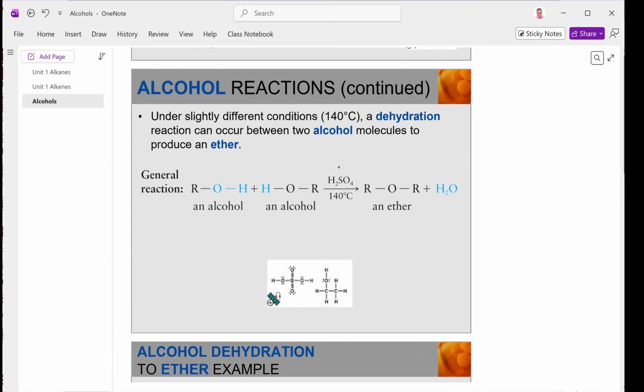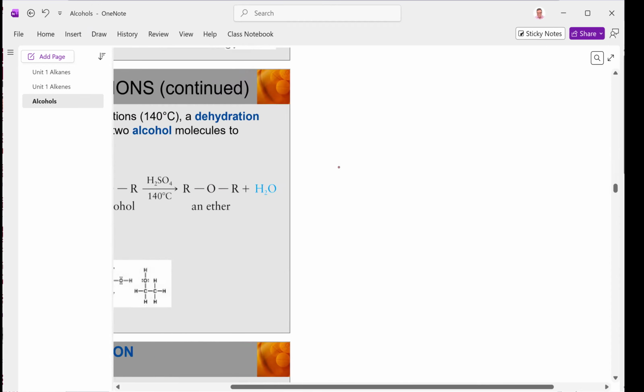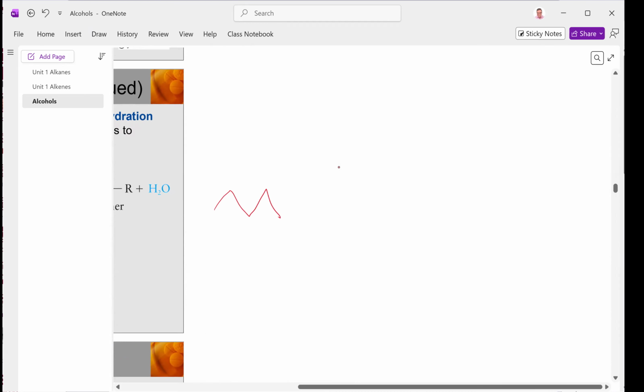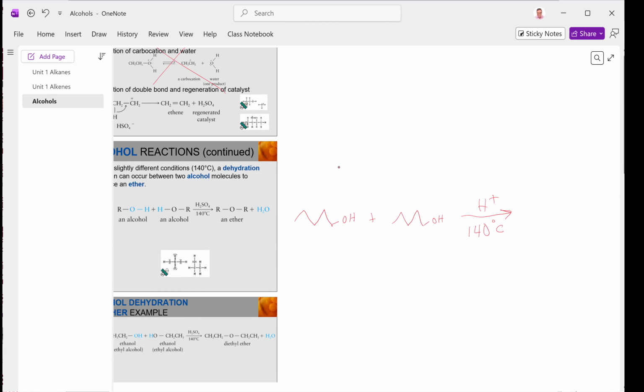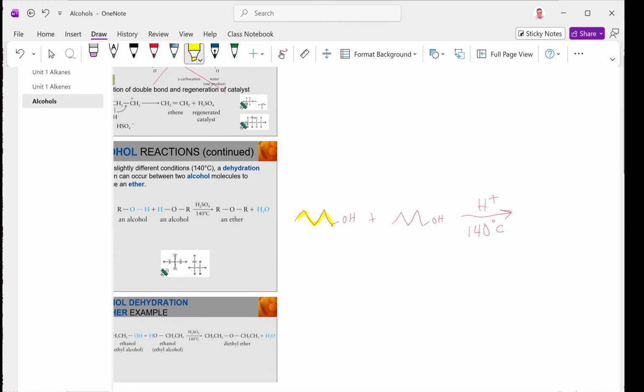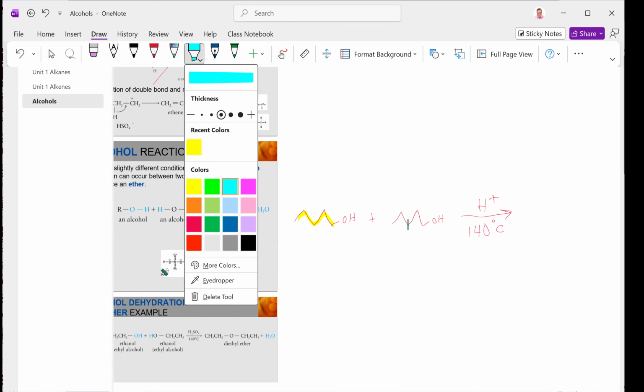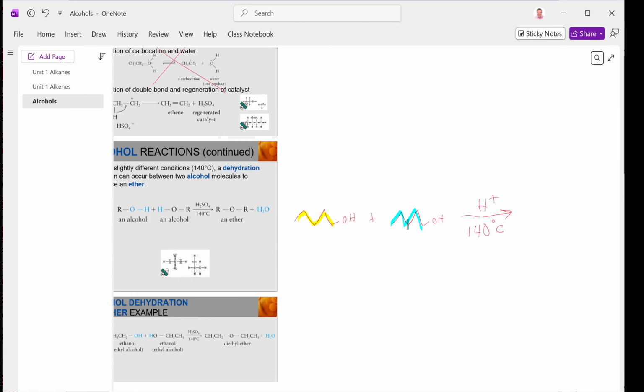Okay, so basically we're going to have two backbones, primary and secondary.